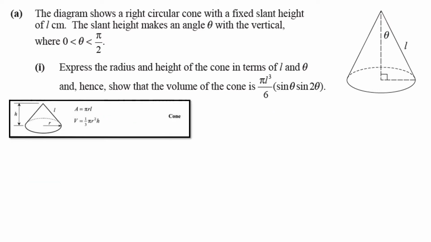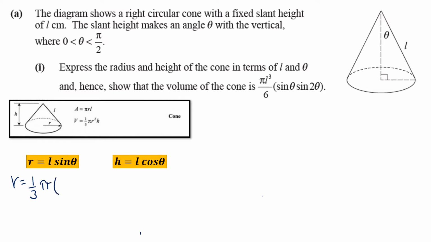So now let's get the volume. I'm going to use my log tables, which gives me the formula for the volume of a cone, and I'm going to use what I've worked out for r and what I've worked out for h. So the volume is equal to 1/3 pi r squared, which is L sine theta squared, times h, which is L cos theta.